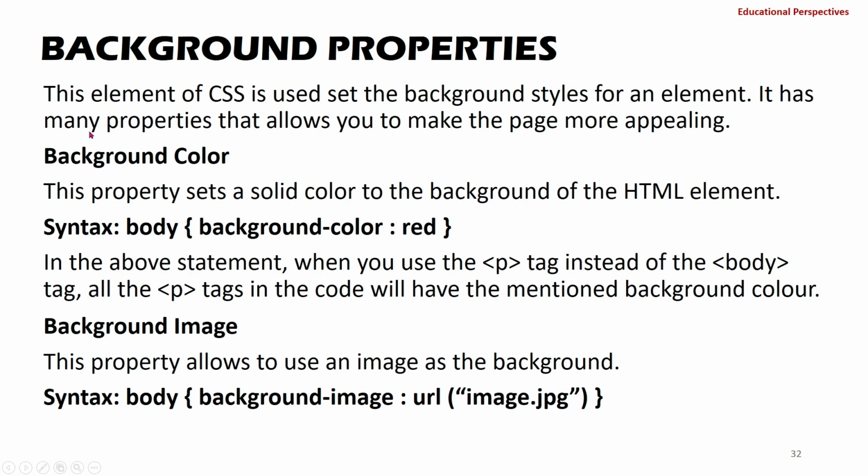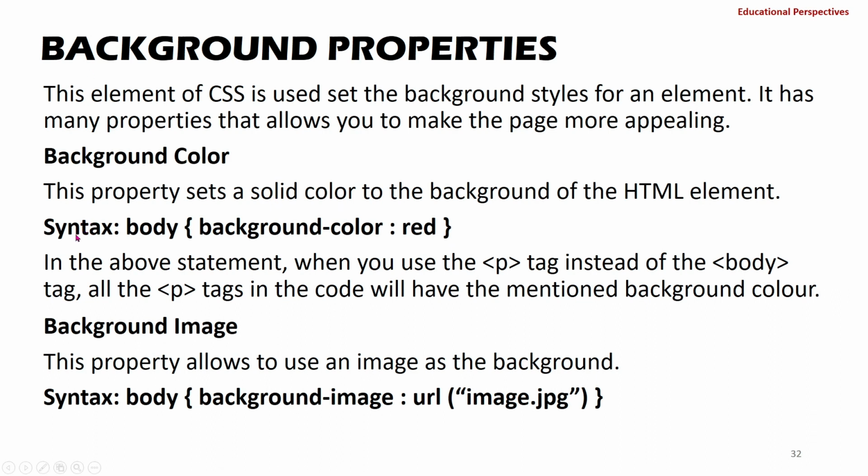It has many properties that allow you to make the page more appealing. First property is background color. This property sets a solid color to the background of the HTML element. See, it will give a solid color, that means no gradient color or no pattern matching. It will give a proper color.